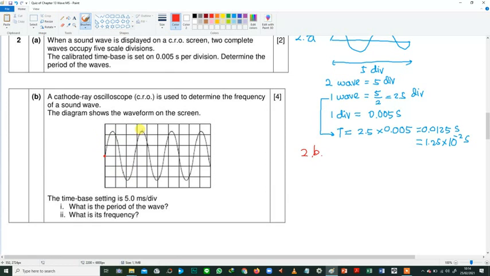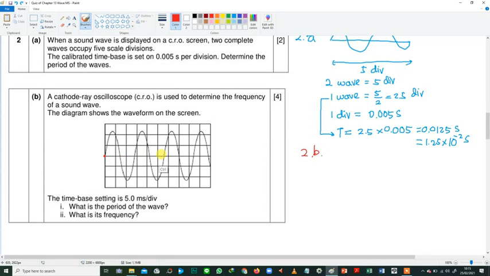This cannot, because the peak is not exactly on the vertical line. How about the end of the crest or the trough?